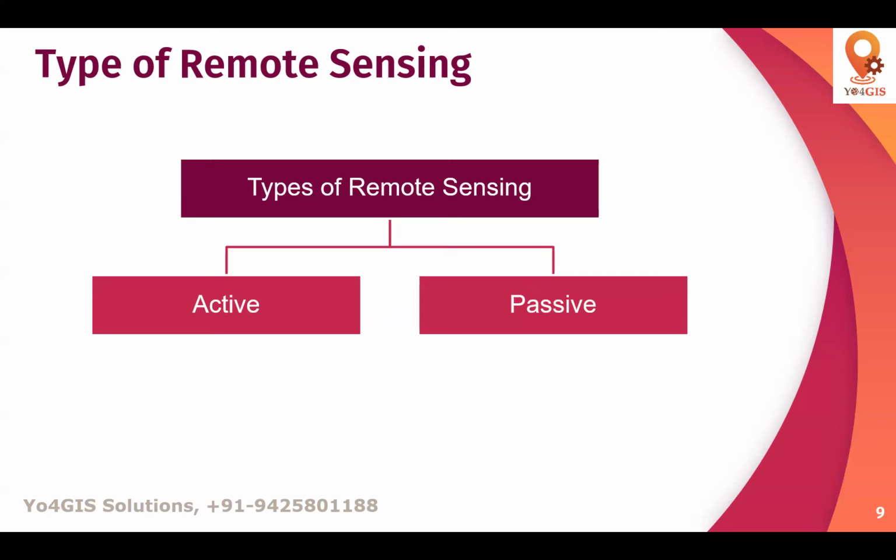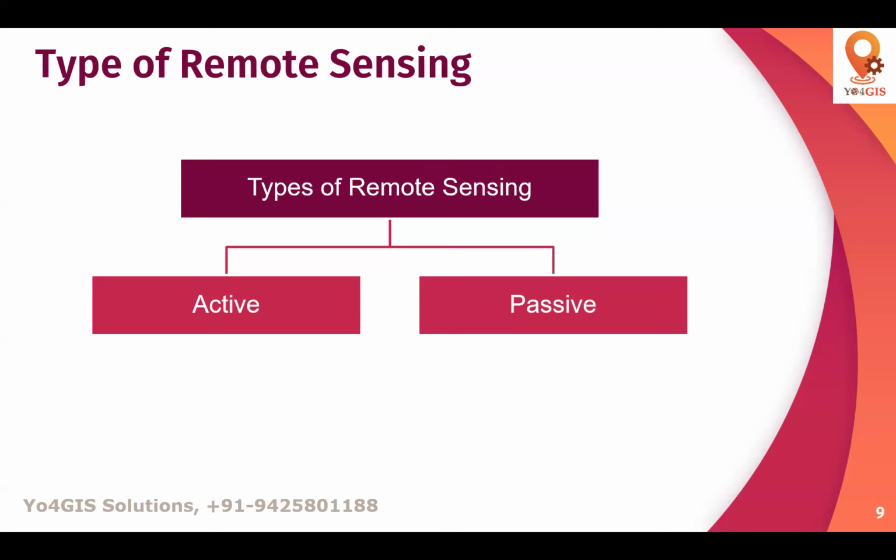Now after that, coming to the next very important point, which you remember, in the last session I asked you one question. If you don't have a camera in your mobile, and you want to take a photo, as you know, light is very important.